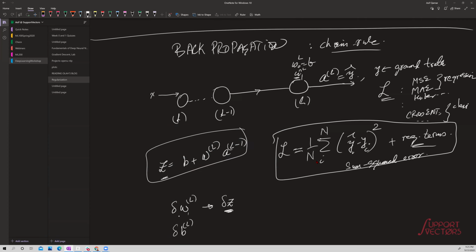Yes. This is just your direct multiplication. Now a change of Z will cause a change of the activation, whatever activation function there is, right? Because AL is nothing but some activation function on ZL. So this will change the activation, namely the output, right?